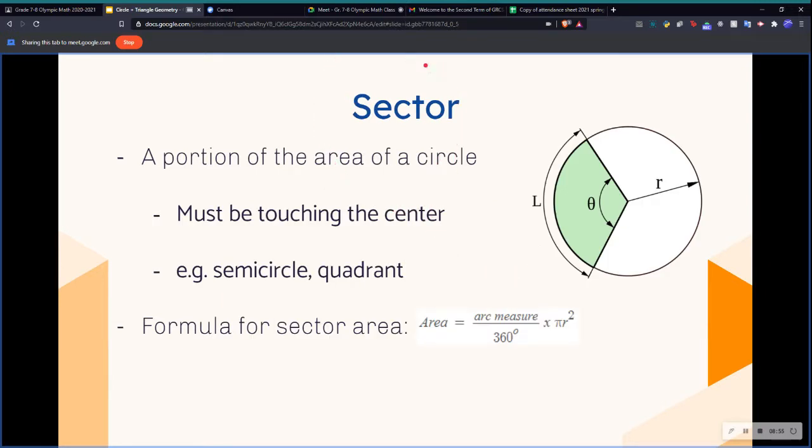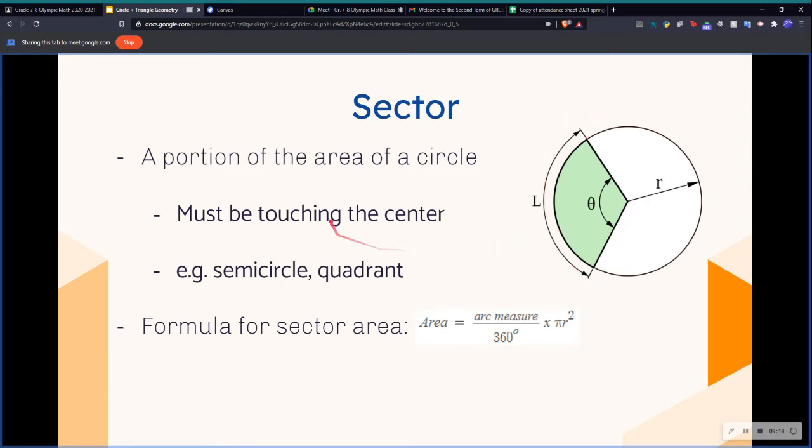We're going to learn about what a sector is. A sector is a portion of the area of a circle. You can see that it's enclosed by an arc and the two radii. But this is a measure of the area, not circumference or the angle. We're actually calculating the area of that section.